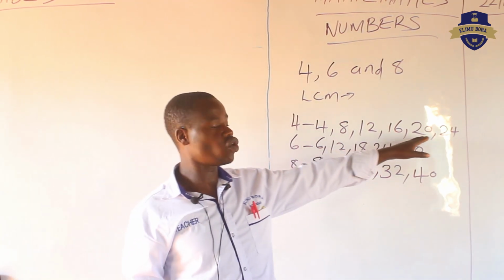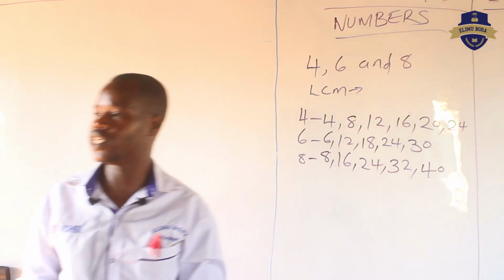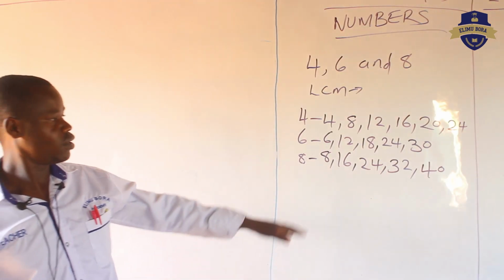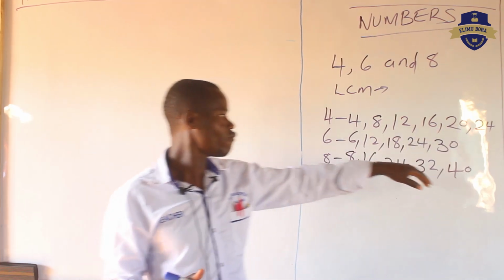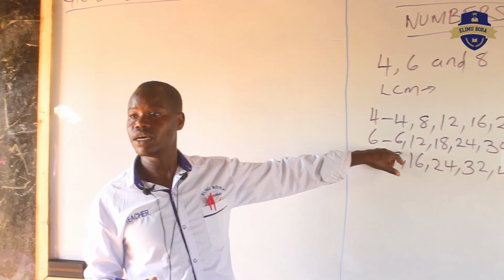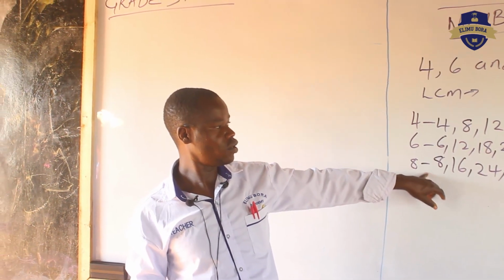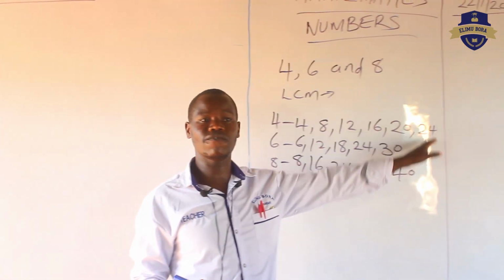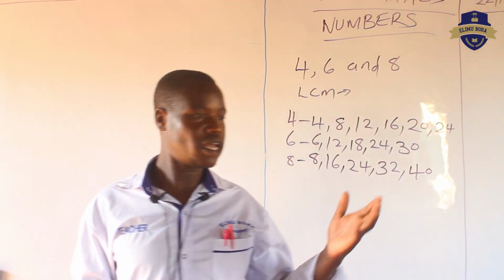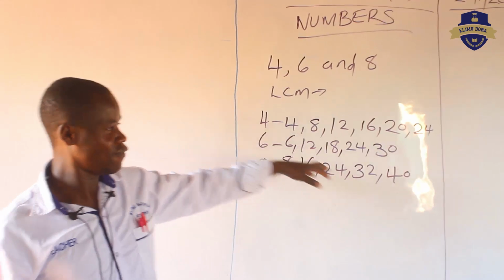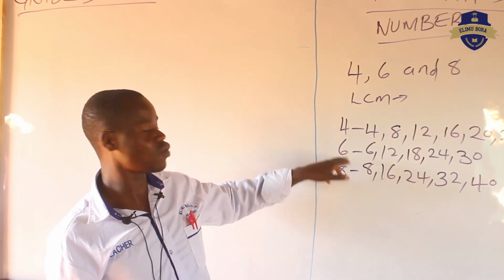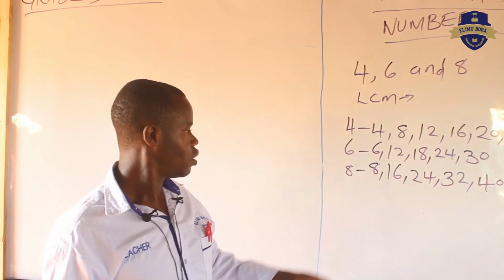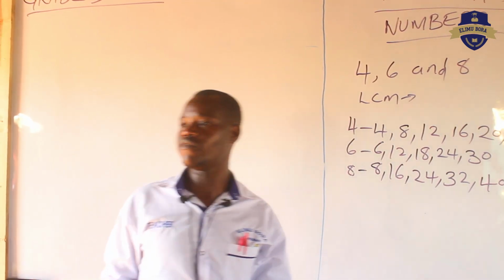After 16, we go to 20. We have 20 as one of the multiples of 4. In 6, do we have 20? No. In 8? No. Then we go to 24, the next multiple of 4. Do we have 24 as one of the multiples of 6? Yes. Do we have 24 as one of the multiples of 8?